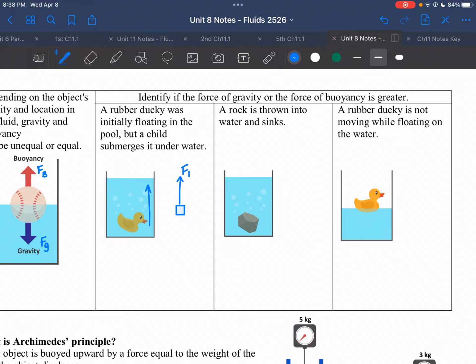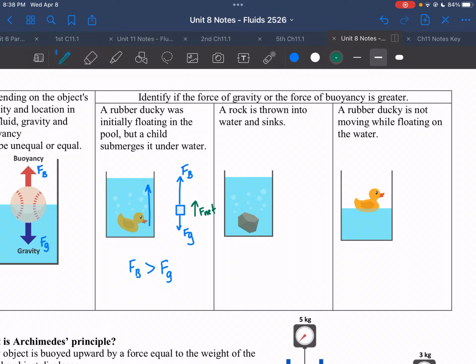So we have a pretty large buoyant force here. Now, the rubber duck does not weigh very much, and so the force of gravity is going to be a lot smaller. So if it wants to accelerate upwards, that means we must have a net force. The net force must be pointed up, which means that the buoyant force is greater than the force of gravity.